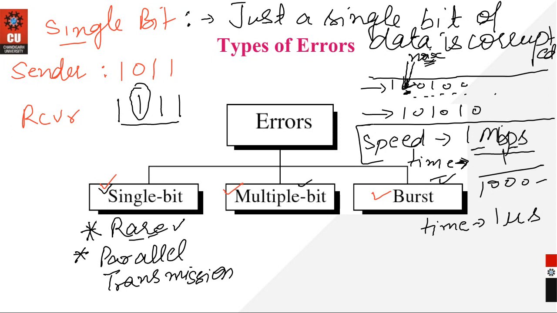The probability of that is very low, right? So whatever the noise source is, it has to impact this particular bit at an equal speed. If the speeds of both match, then only it will be able to impact just a single bit, right.